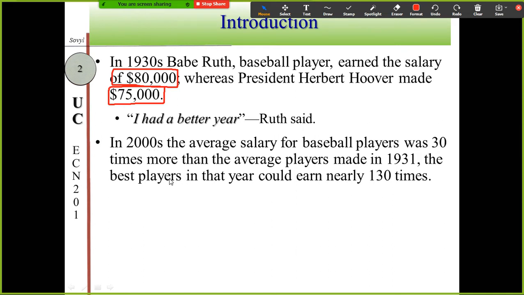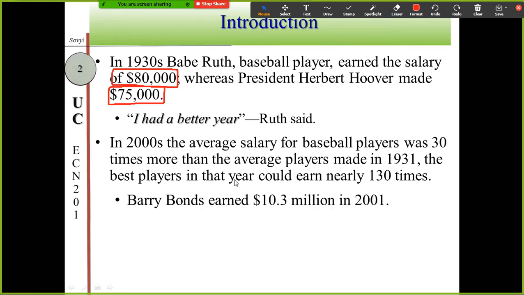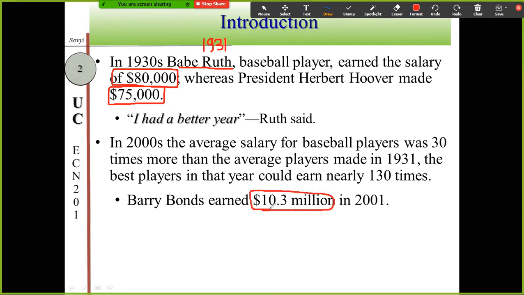However, the best player, the same rank as Ruth, in the 2000s, Barry Bonds, could earn $10.3 million in 2001. So Ruth was the best player in 1931. In 2001, Barry Bonds could earn $10.3 million.